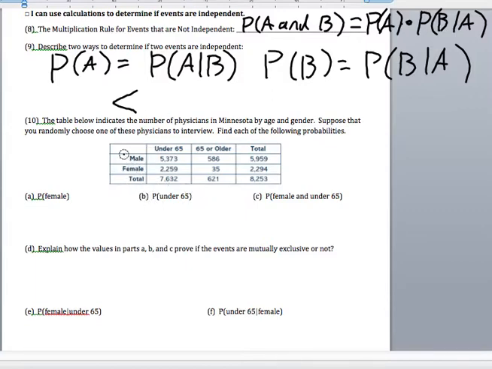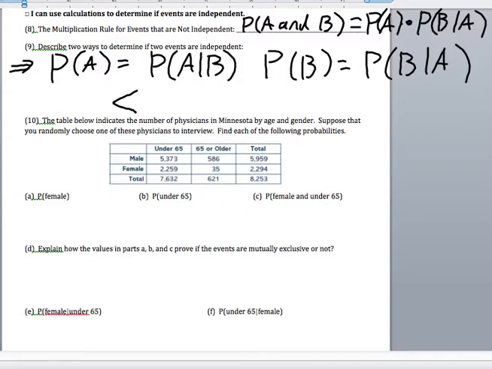What that lets us know is that jewelry and gender are not independent, right? Focusing on a gender might affect the chances that somebody is wearing jewelry. That idea is just what each of these two formulas is expressing. That it's independent if your probability overall is equivalent to your probability when you narrow it down to a smaller group. Let's work through number 10 to see some of that in examples.